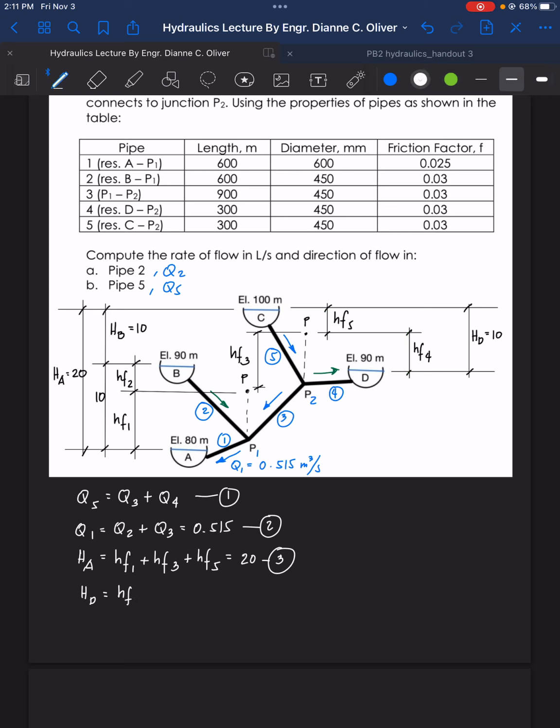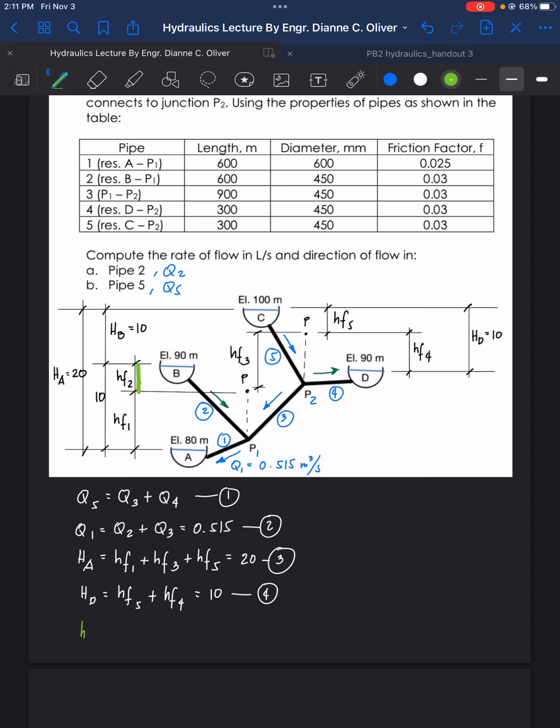So HF5 plus HF4, and that is equal to 10. So this is equation number 4. Then we have HF2 plus HF1 equals 10.